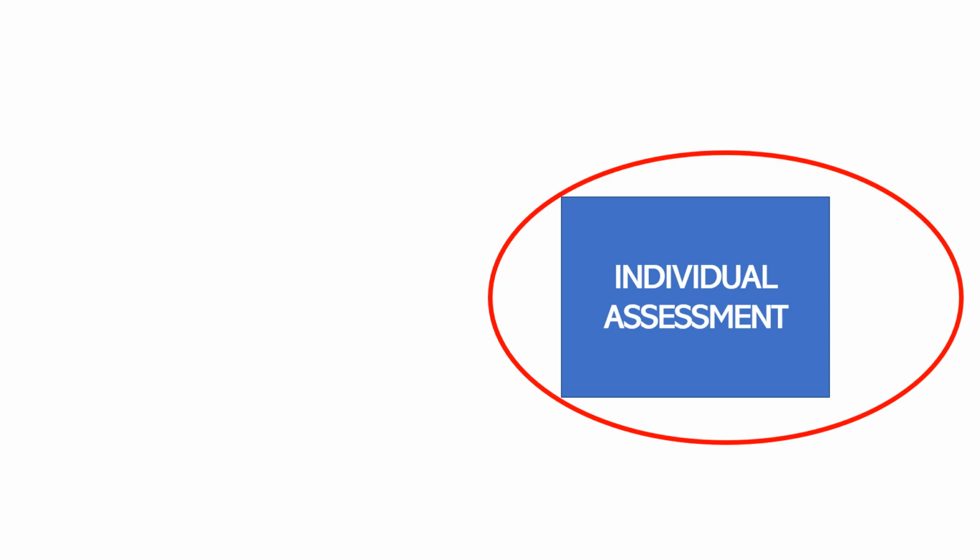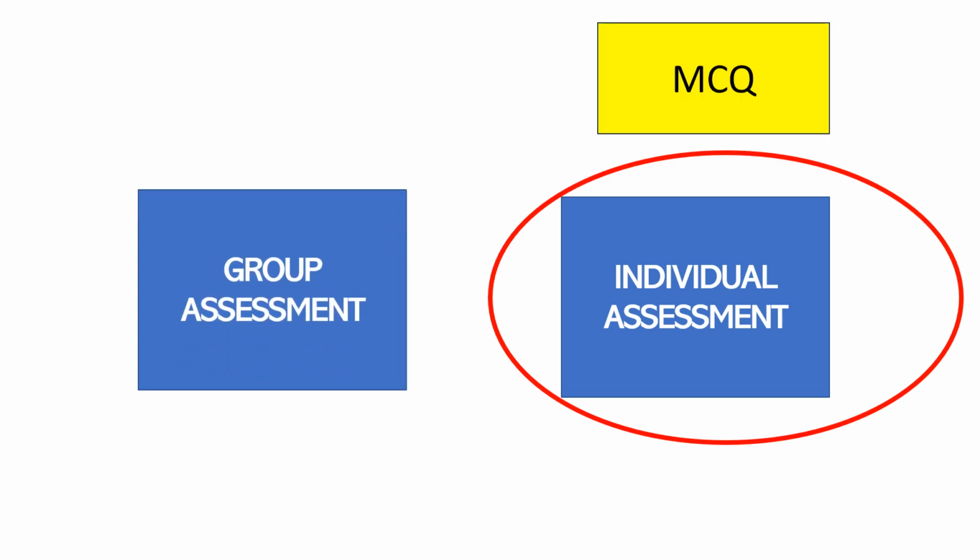Individual assessment can be done by MCQ or any mode of test. You give the questions and the scoring, and you can see how much they have gained. If you take a pre-test and then this test, you can compare their knowledge gain also.